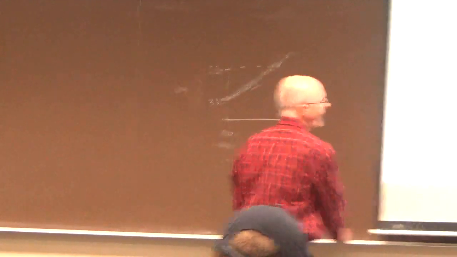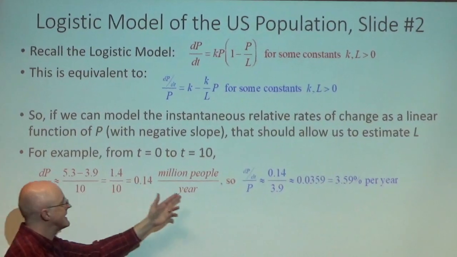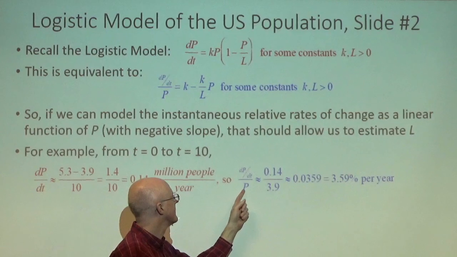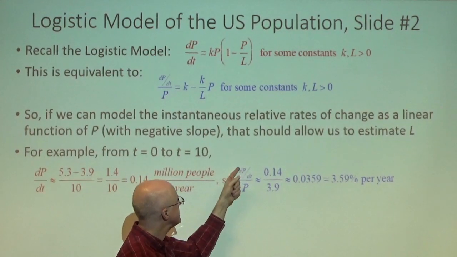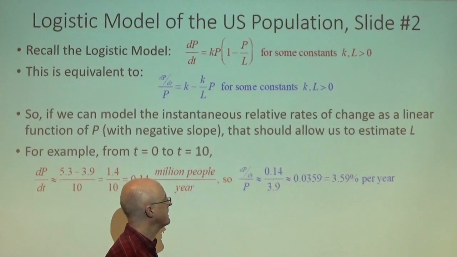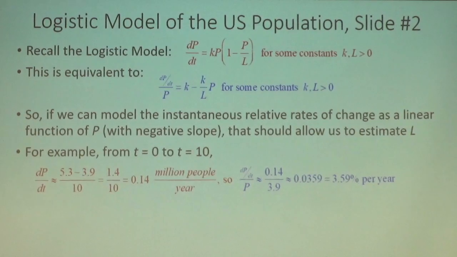And then I could divide that by p, the initial population of 3.9, to get an approximate percent rate of growth. That's estimating this instantaneous relative rate of growth as a percent. About 3.59% per year. That's from t equals 0 to t equals 10.